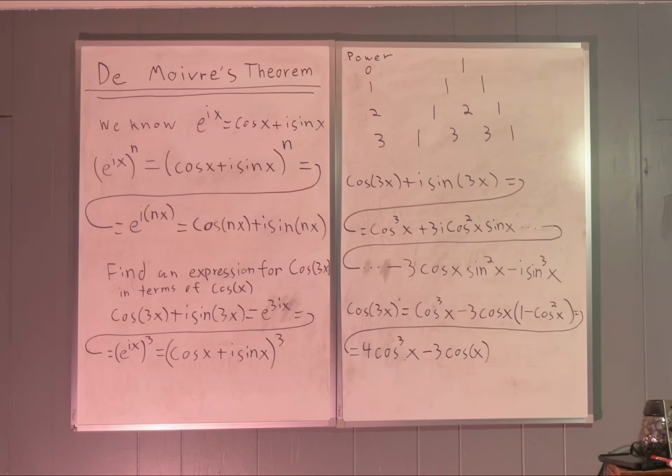One of the reasons I wasn't a big fan of my trigonometry class in high school was because of the ridiculous amount of formulas you have to memorize. And if he had just taught us de Moivre's theorem, we could have come up with all those expressions on our own pretty easily. But anyway, that's de Moivre's theorem, and we're going to be utilizing it probably in a future video.